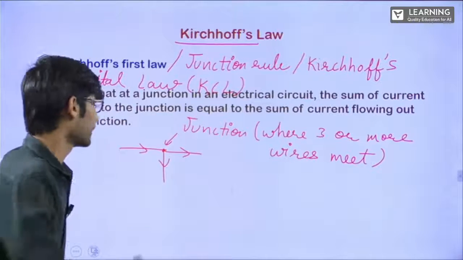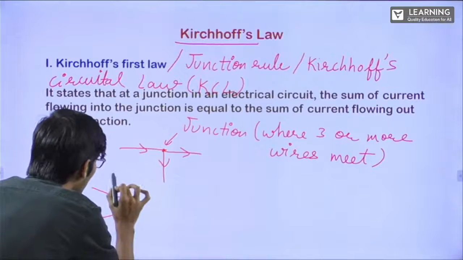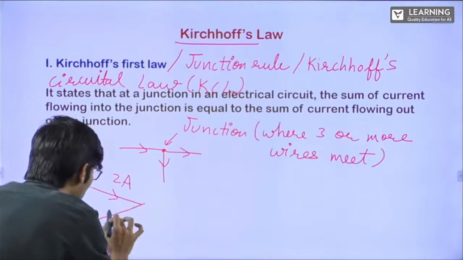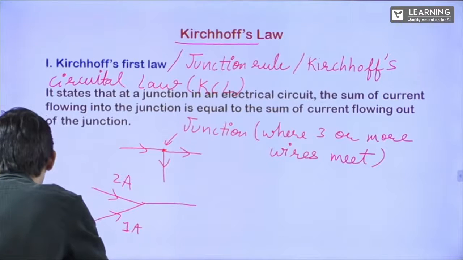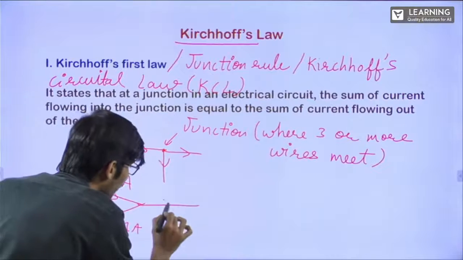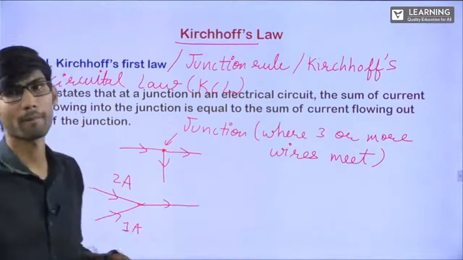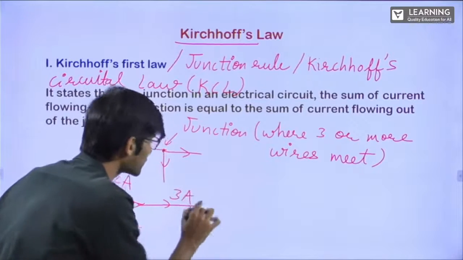For example, let's say there are two wires. From this wire the current is going as 2 ampere. From this wire the current is going as 1 ampere. Now there is one more wire. How much current will be coming out from this wire? It's common sense: 2 plus 1, 3 ampere, right?